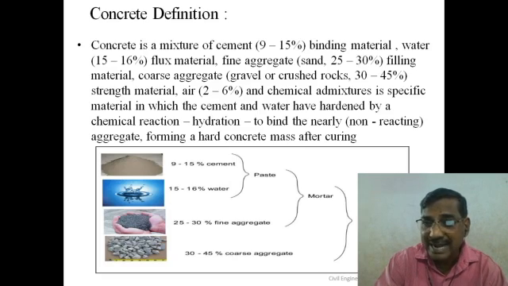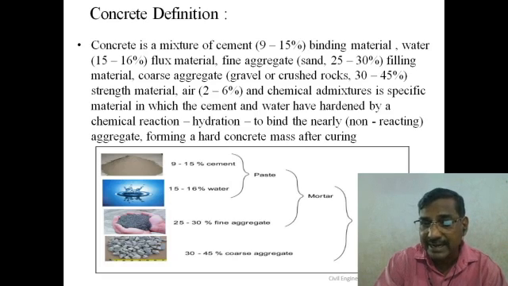Then sand, this is called fine aggregate, which passes through 2.75 mm sieve and retains on 75 micron sieve, is called sand. It is generally 30%.